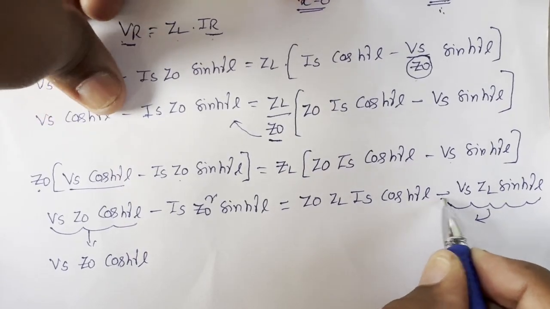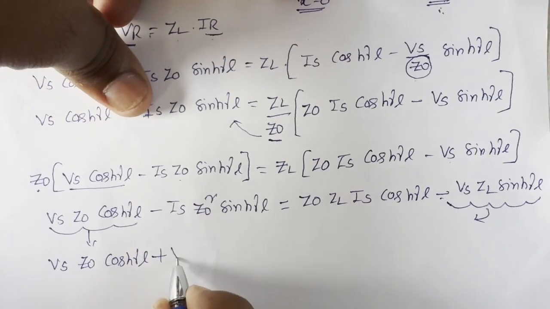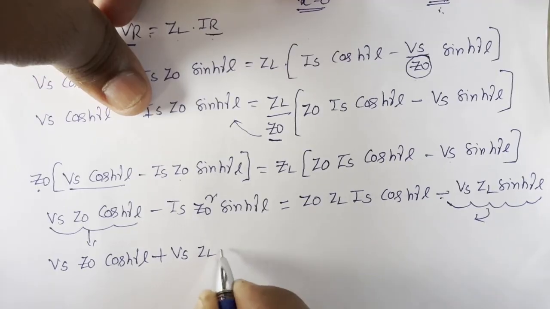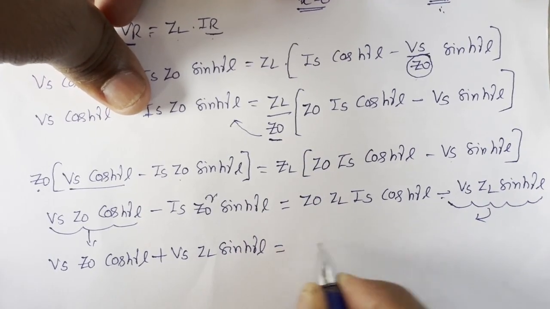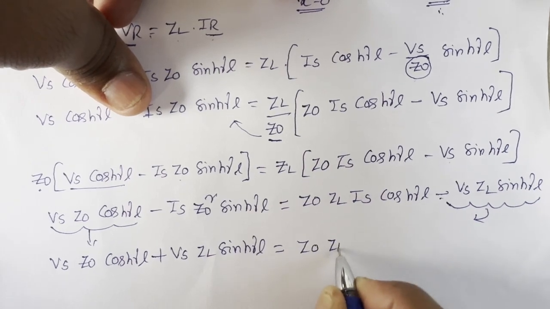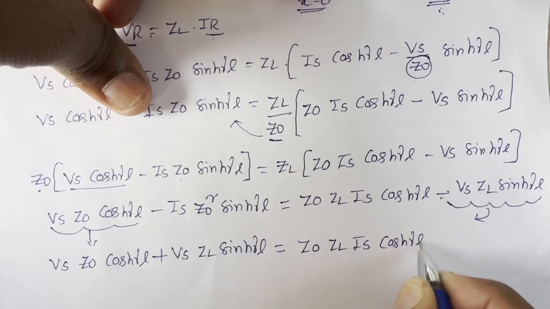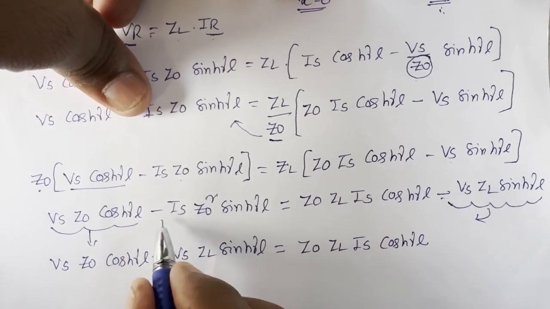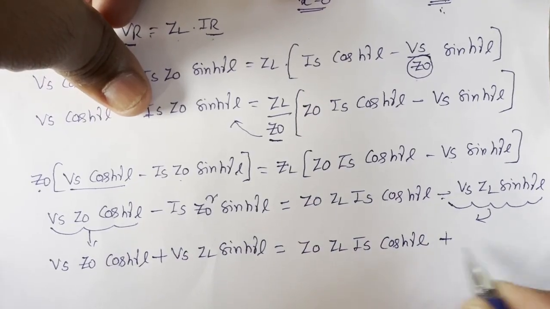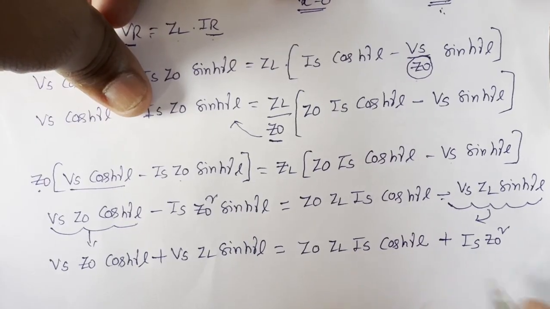Here it is minus, when it comes to this side, it will become plus Vs ZL sinh γL equal to this term as usual, Z naught ZL Is cosh γL. Here it is minus, it will come to this side, plus Z naught square sinh γL.